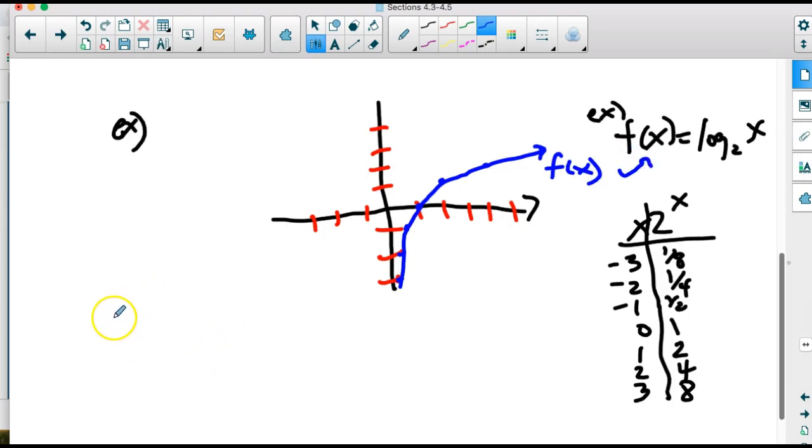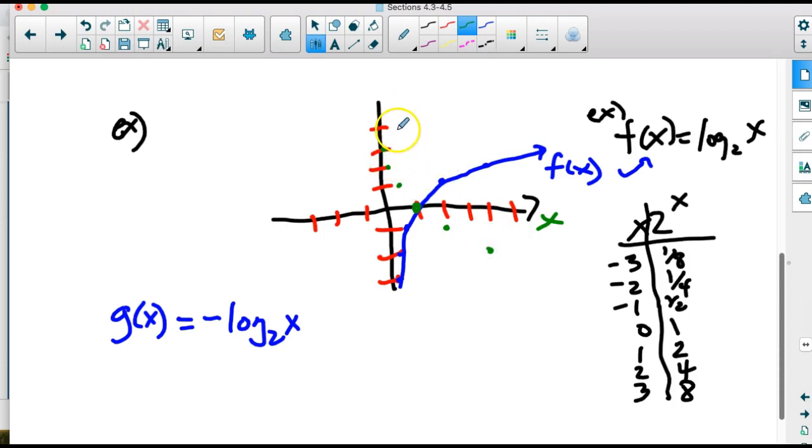Now if I were just to change this by putting a negative sign in front of it, then all that would happen is the graph would reflect on the x-axis. This point would stay where it is, this point would be up here, and then we'd go this way, and this one would reflect here, and this one would reflect down here.